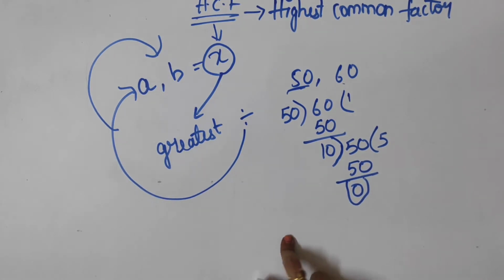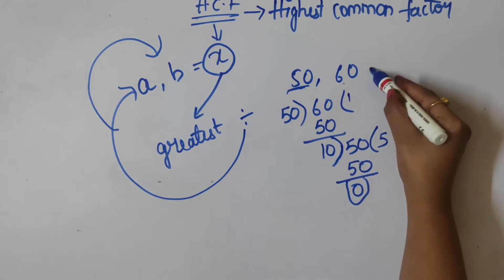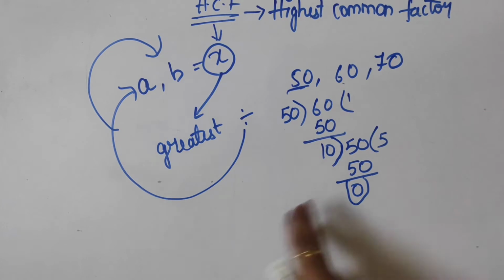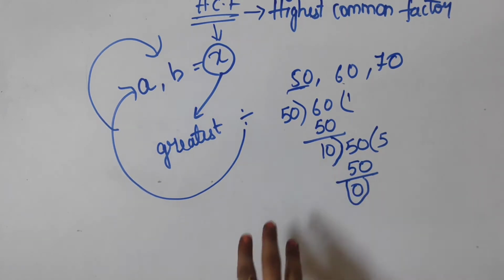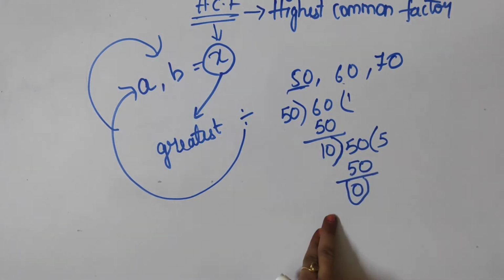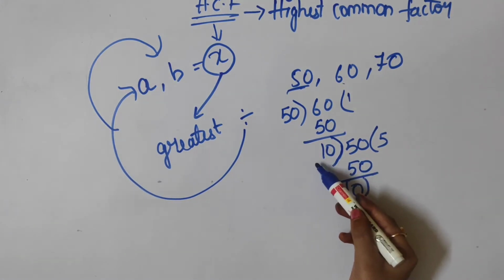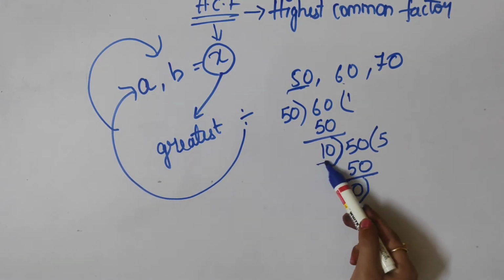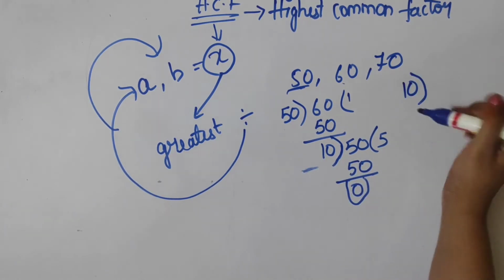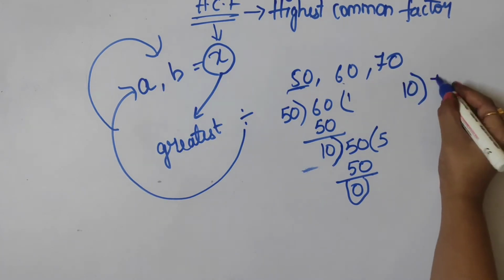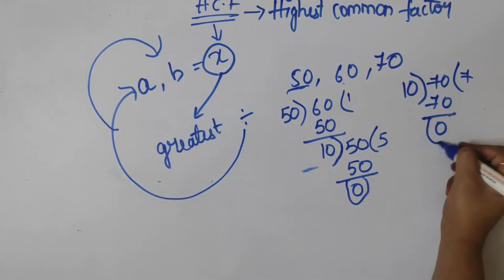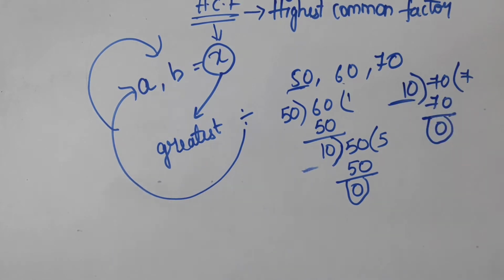Now let's see if there are three numbers 50, 60 and 70, how we'll do HCF. Once HCF is done for two numbers, the latest divisor should be taken as the dividend's partner, with the leftover number 70: 10 7s are 70, and the HCF is 10.